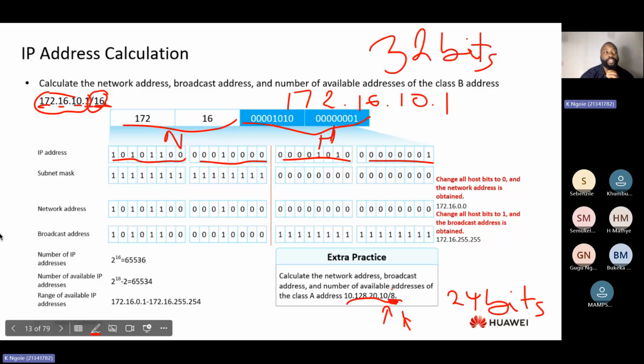So if we want to have it in decimal numbers, first of all, this one, the subnet mask in decimal numbers. Does anyone know what it's going to be? What will be the IP in decimal numbers if you turn it back?